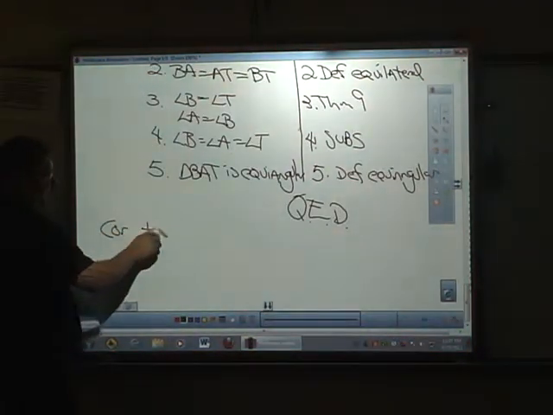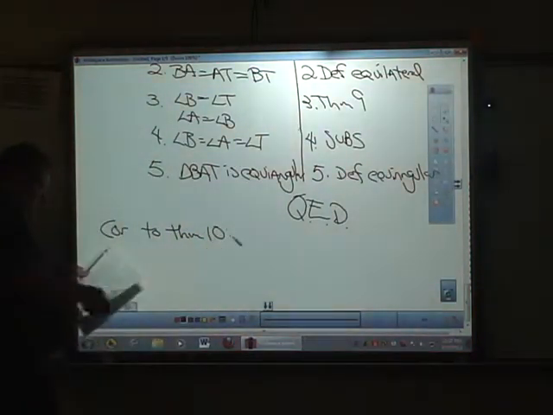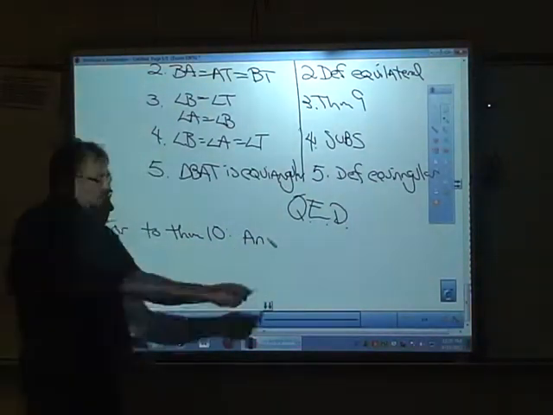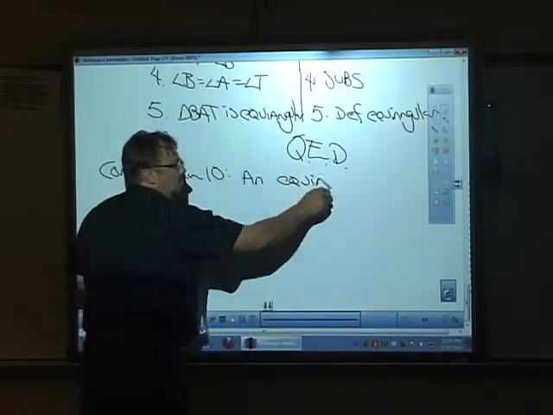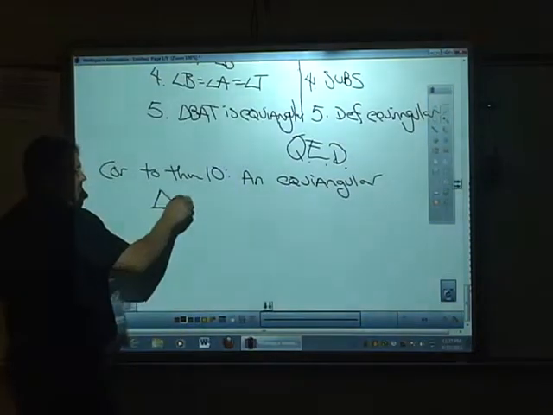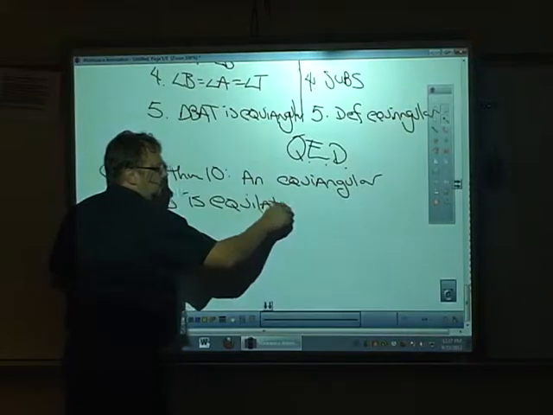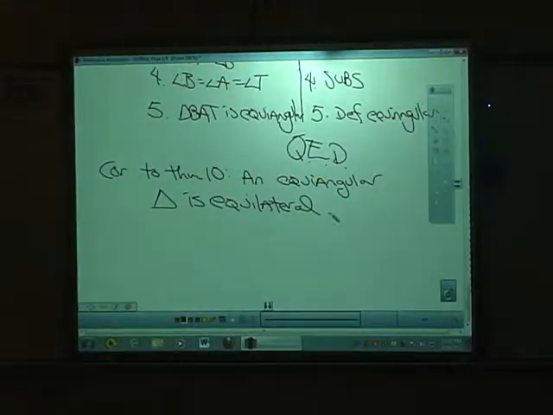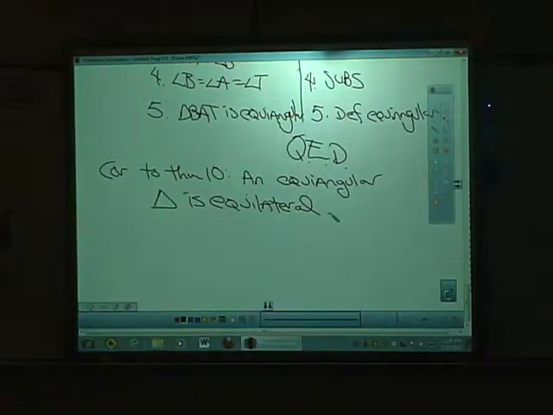Corollary to Theorem 10 says an equiangular triangle is equilateral. Same idea, just the reverse. Basically the same proof, just in the reverse order.